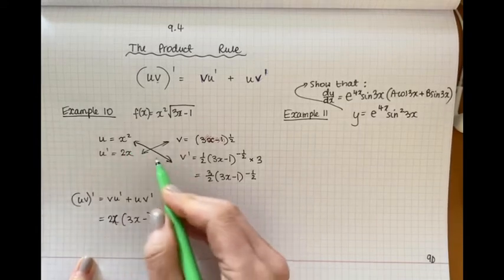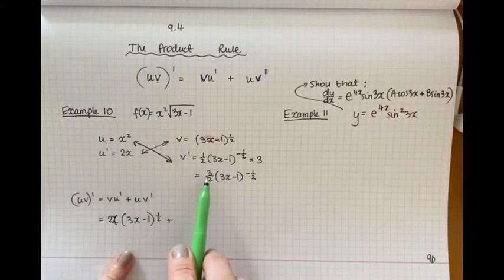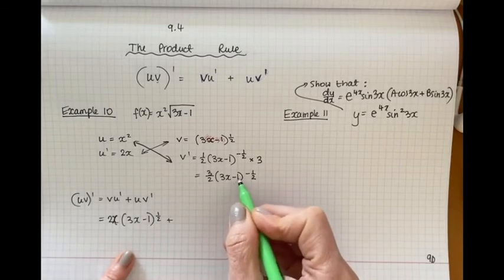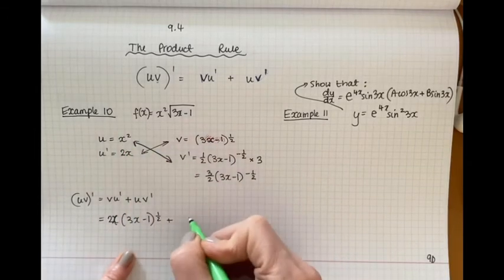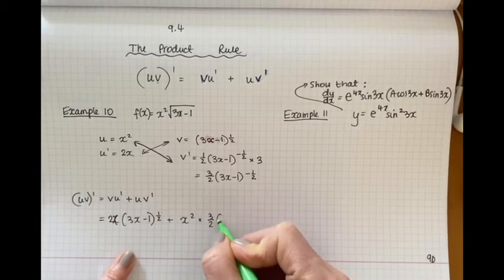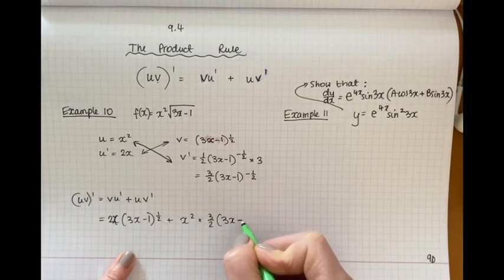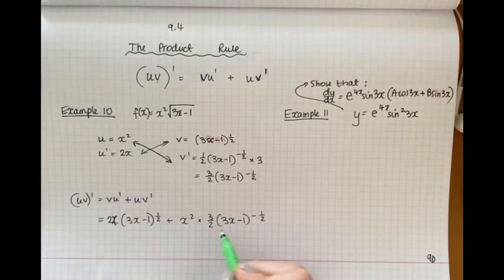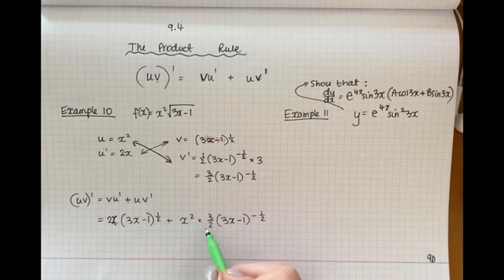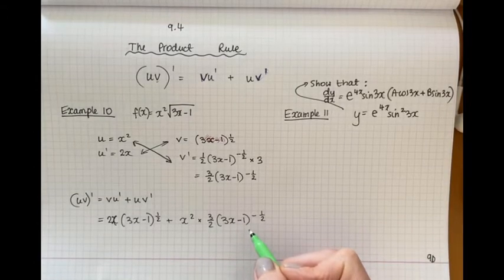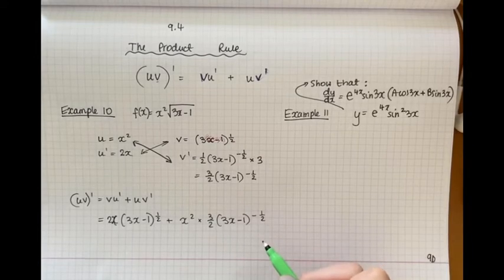Plus uv dash. So over here I've got 3 over 2 x, 3x minus 1 to the power minus a half times x squared. You may want to put them already in a nice orderly fashion, so put 3 over 2 x squared times 3x minus 1 to the power of minus a half if you wish to do it straight away.